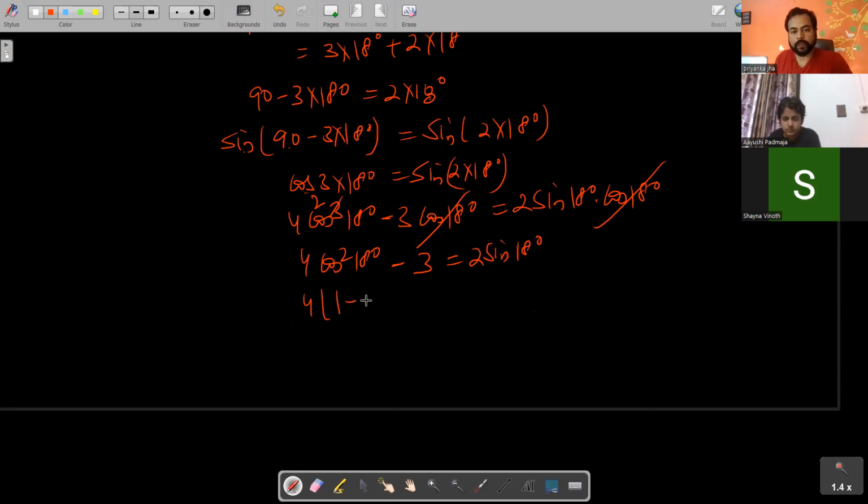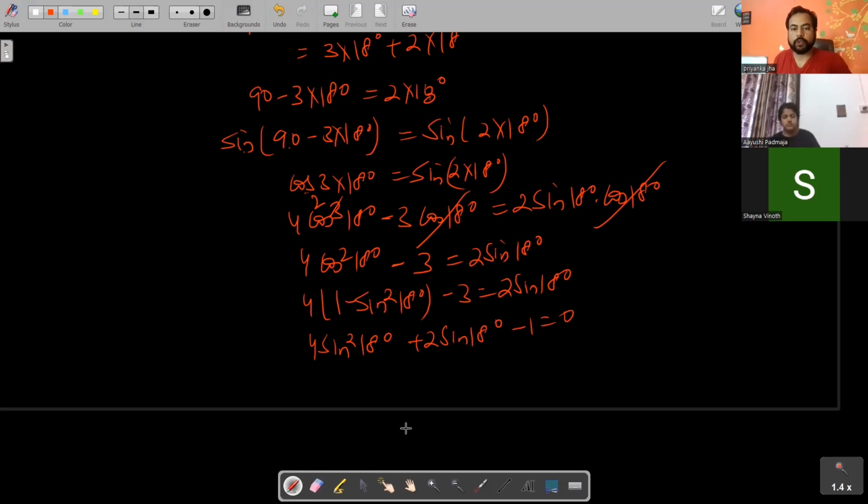Now use the identity sin square theta plus cos square theta. Cos square theta can be written as 1 minus sin square theta, so 4 into (1 minus sin square) minus 3 equal to 2 sine 18 degree. Take all terms to the right side. It becomes 4 sine square 18 degree plus 2 sine 18 degree minus 1 equal to 0.